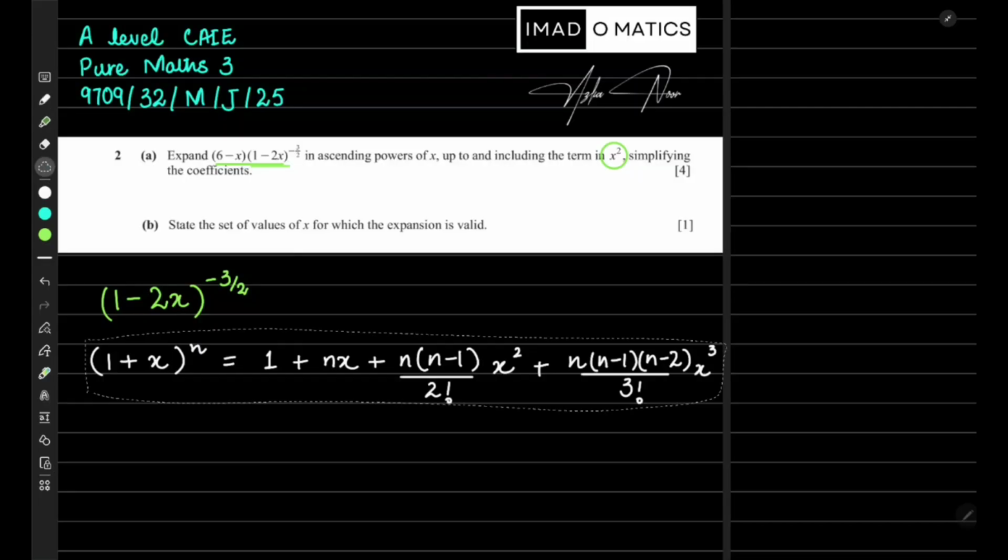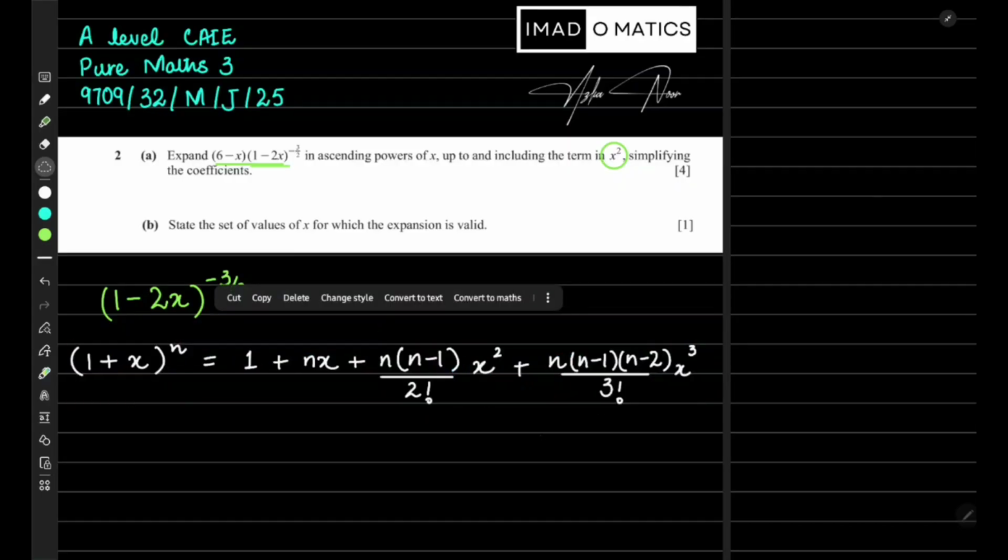Okay, the thing continues like this. The next term would be plus n times (n minus 1) times (n minus 2) times (n minus 3) over 4 factorial times x to the power 4.